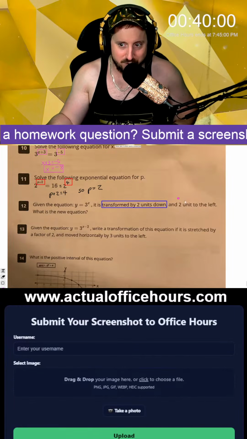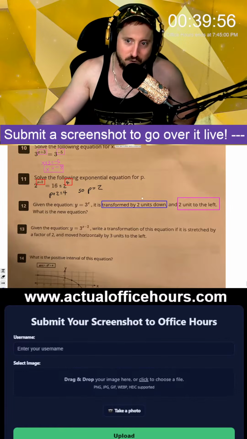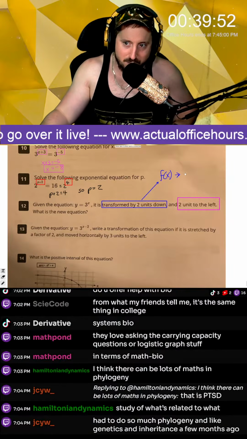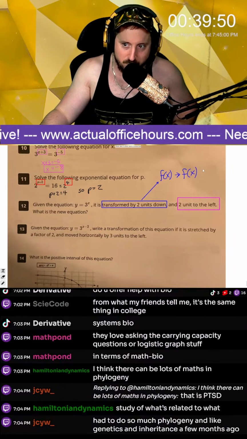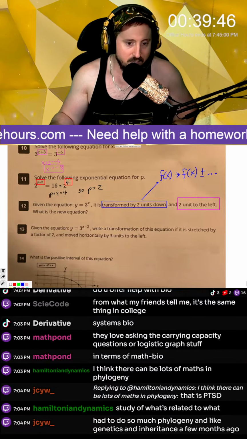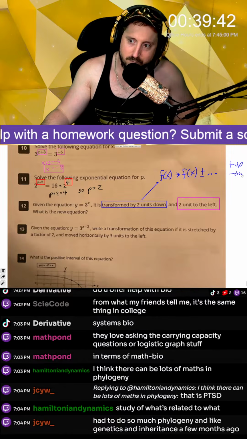these are 2 different types of transformations. You should be familiar with these, okay? So if you're transforming something up, down, that means f of x becomes f of x plus or minus something, where plus is up, minus is down.